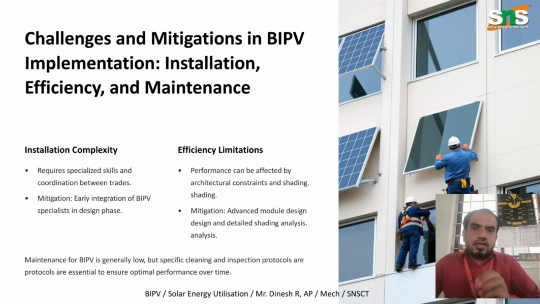So that's an important thing we have to consider. Advanced module design and detailed shading analysis are required for the BIPV system. Maintenance for BIPV is generally low, but specific cleaning and inspection protocols are essential to ensure optimal performance for a long period.